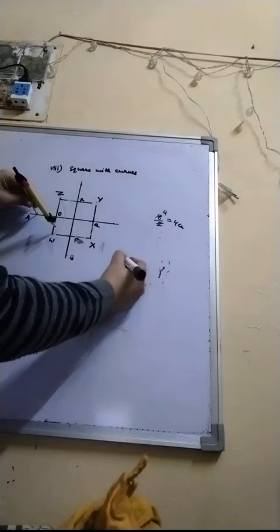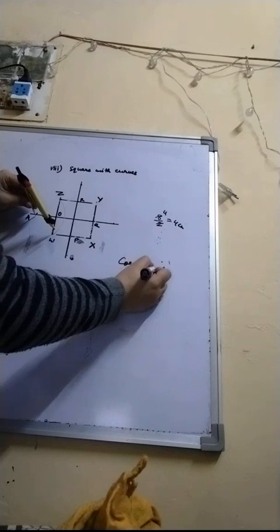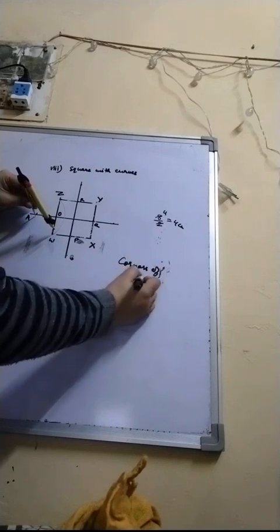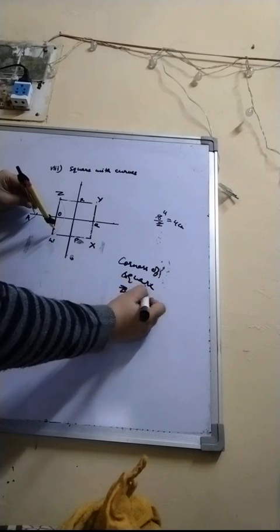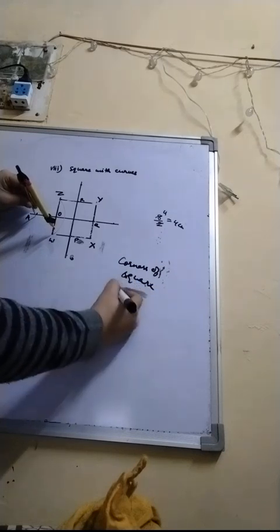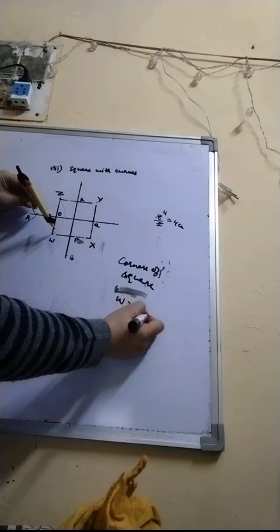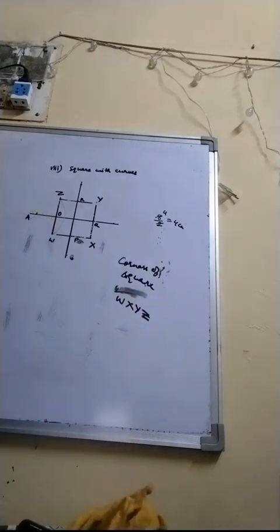What are the corners of the square? W, X, Y, Z. These are the corners of the square.